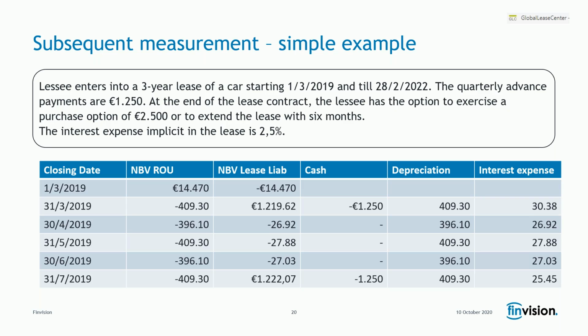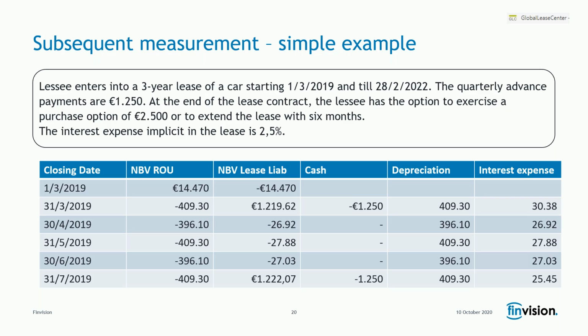Here you have quarterly advance payments of 1,250, and then at the end of the lease contract, you have a purchase option of 2,500, or you have an option to extend the lease with 6 months. And then the interest rate, which should not be expense, but the interest rate implicit in the lease, which is normally the first element to determine the discount rate, if you know it, is 2.5%.